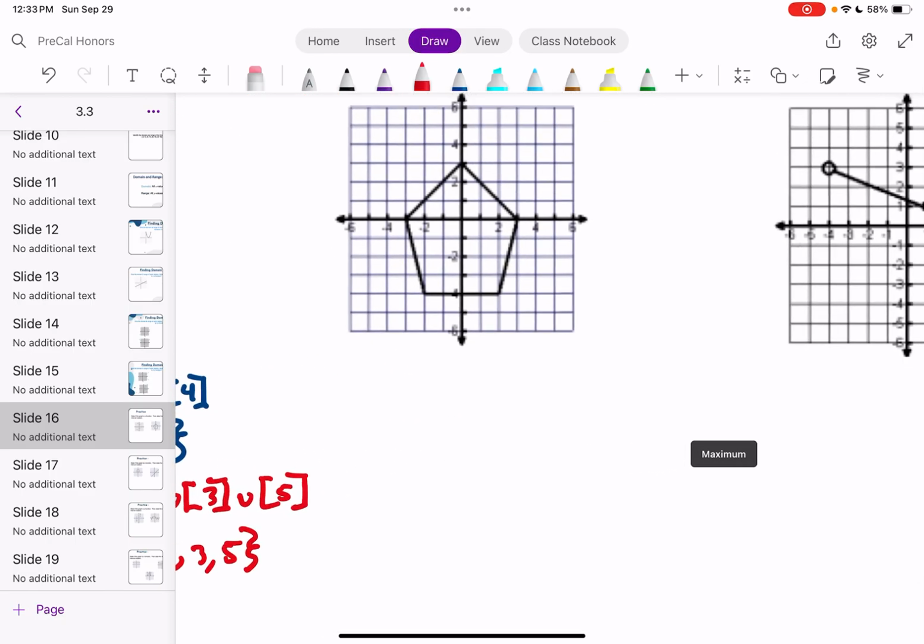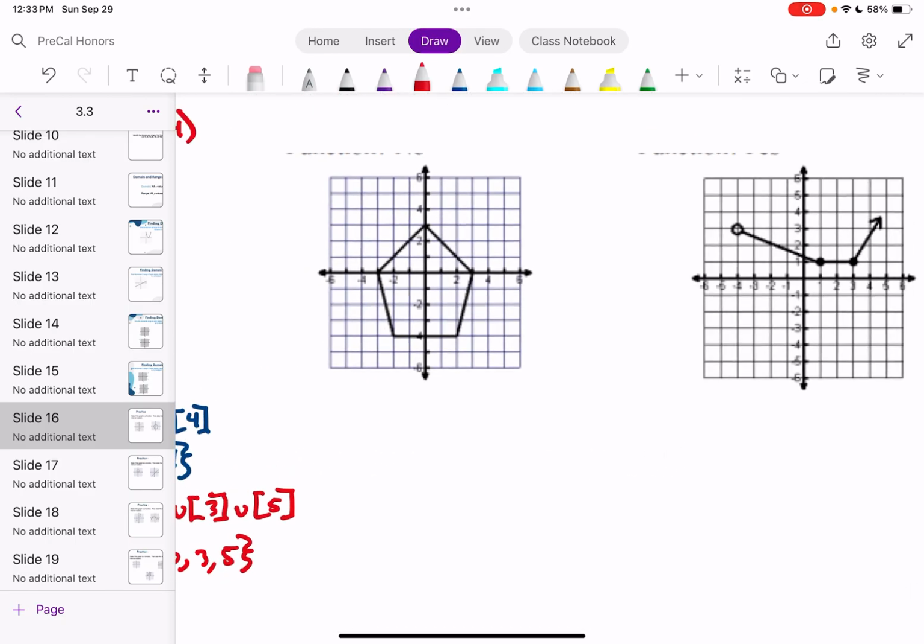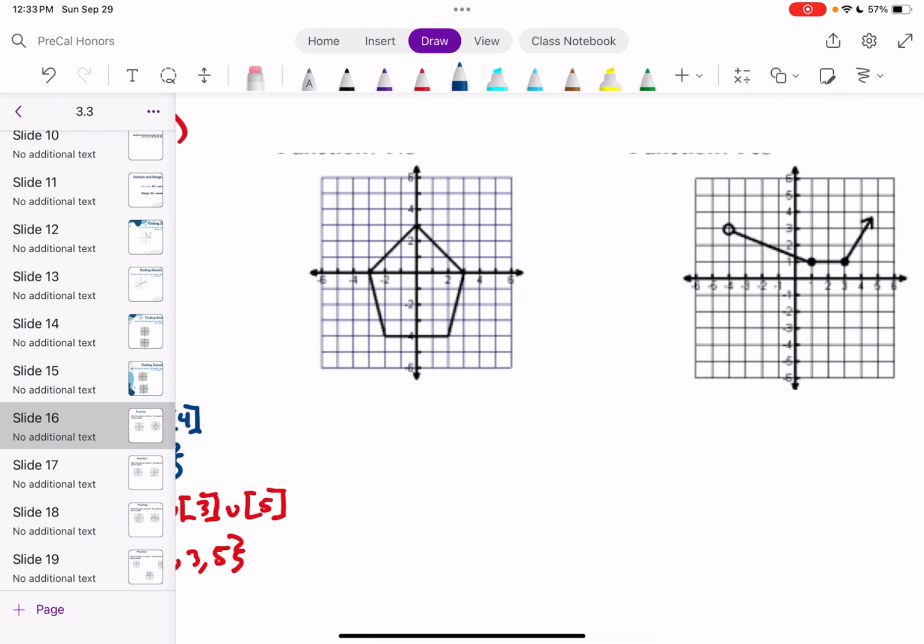Let's take a look at our second problem. For this graph, we have a pentagon that's being given. As we take a look at our x values, keep in mind we are going from furthest left to furthest right, and we know that because notice we have solid straight lines going from the furthest left to furthest right point.